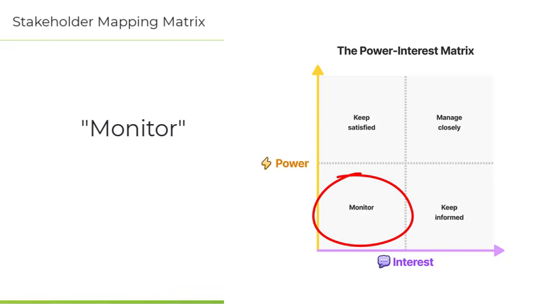Those who need to be monitored are the groups or individuals that have both low power and low interest in your decision making, meaning that although they are considered a stakeholder, you will not need to spend as much time trying to either persuade them or receive their buy-in to your future plans and decisions.